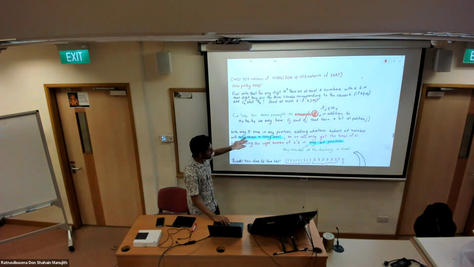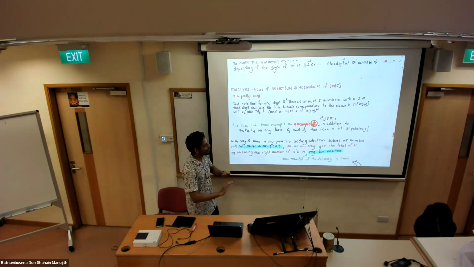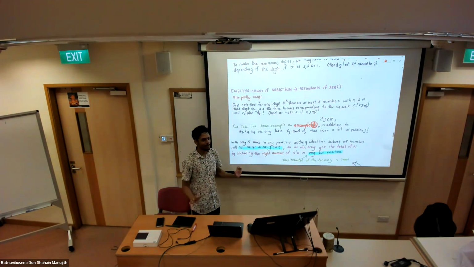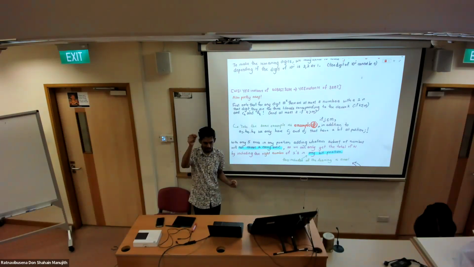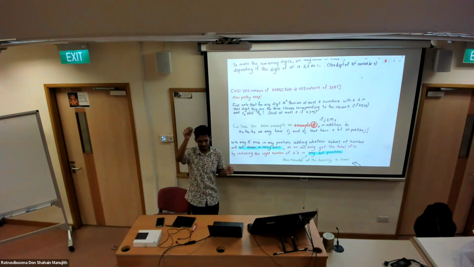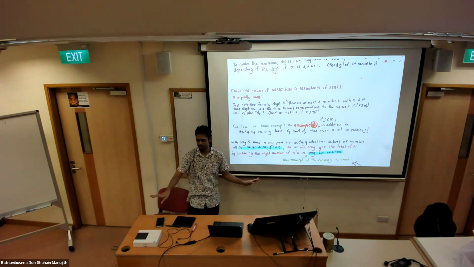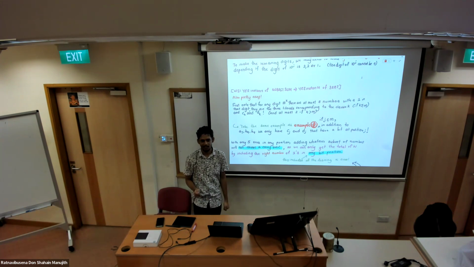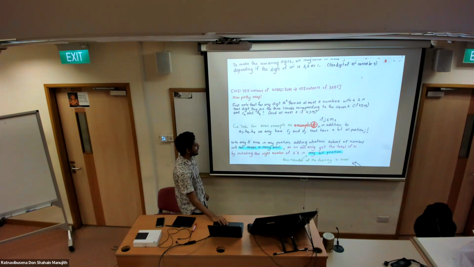Now with only 5 ones in any position, I think whatever subset of numbers will not cause a carryover. Because in every single position, if you consider all the numbers, you have at most 5 ones. So even if you had all the numbers, it will not cause a carryover, right?